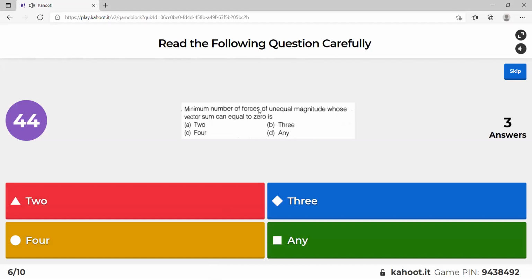Minimum number of forces of unequal magnitude whose vector sum can be equal to 0 is which of the following?